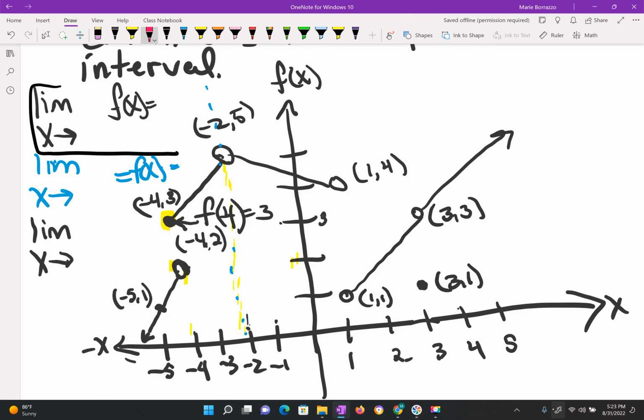So in this case, the limit as x approaches 1 from the left. What's happening? You would hit -5. What are we approaching? We're approaching the number 1 from the left. So that means I'm coming this way.